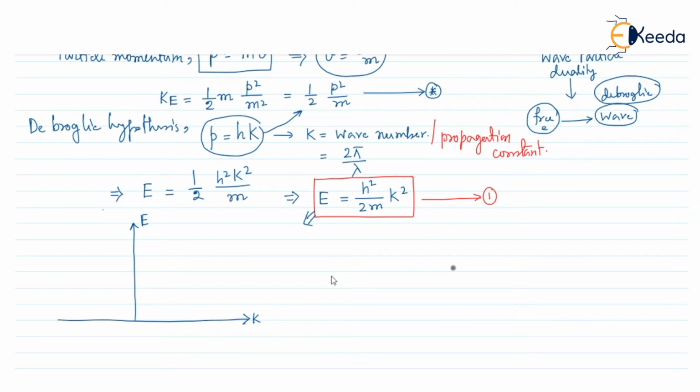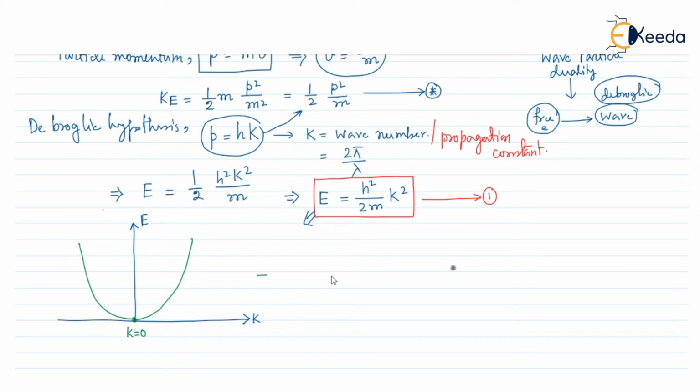This will be a parabolic plot between E versus k. The plot will look like this, a parabola, and at this point the value of k is equal to 0.